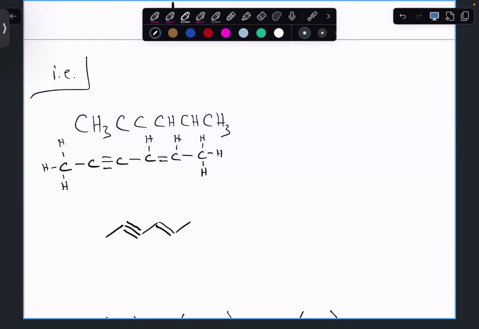I say more or less correct because most people do not show triple bonds this way. It's kind of an angled way. If you think about it, a triple bond does not have that kind of bond angle. The triple bond is linear.